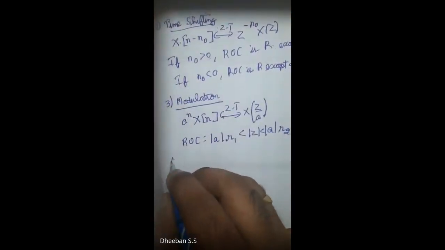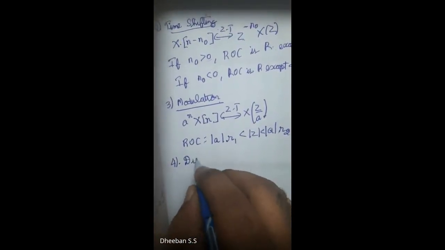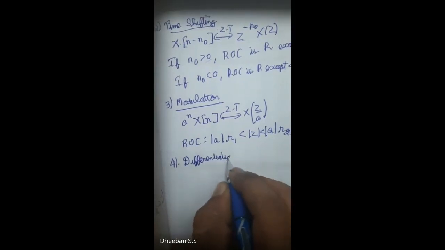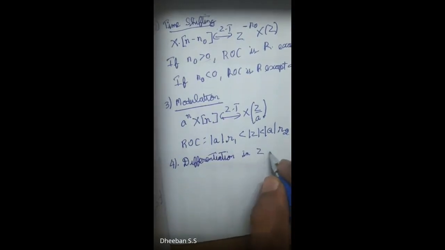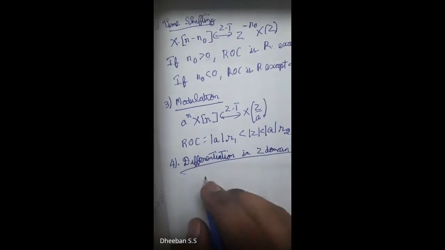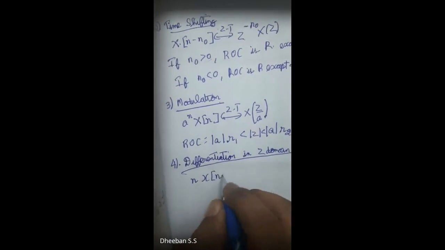The fourth one, differentiation in z domain. So here it is n times x of n.